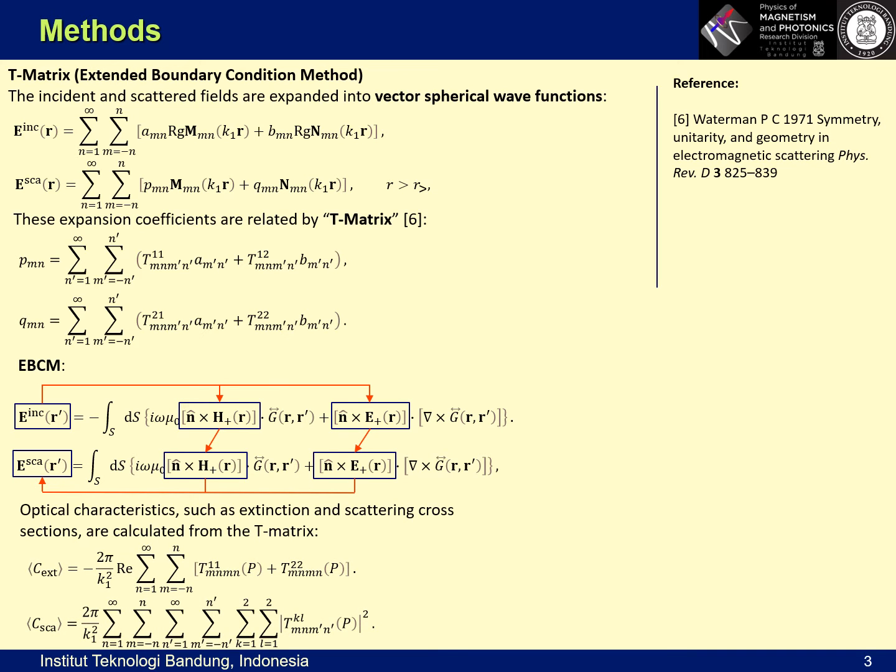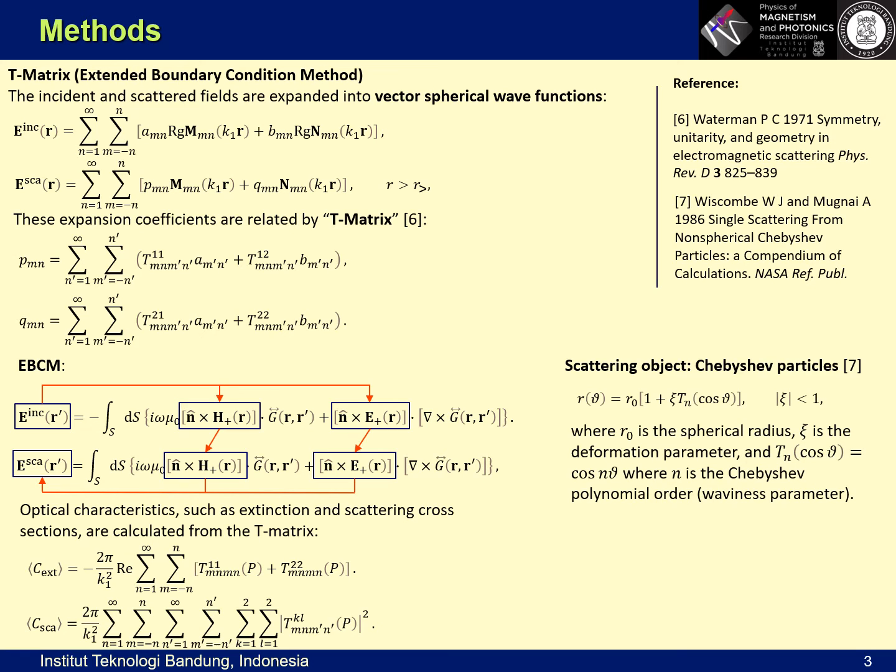Optical characteristics such as extinction and scattering cross-sections are calculated from the T-matrix. The Chebyshev particle has the general formula as shown, where R0 is the spherical radius, psi is the deformation parameter, and N is the Chebyshev polynomial order.